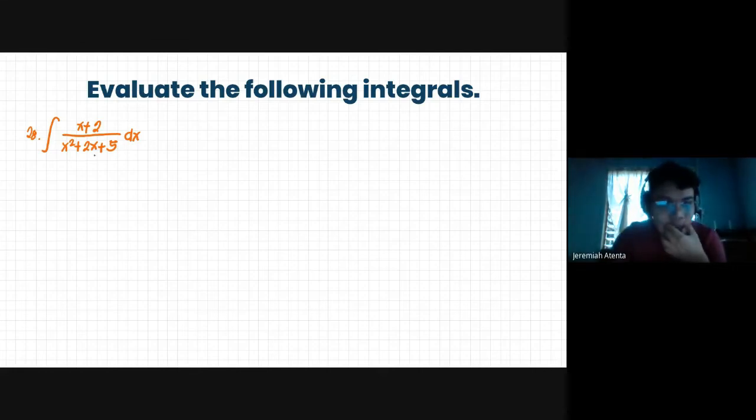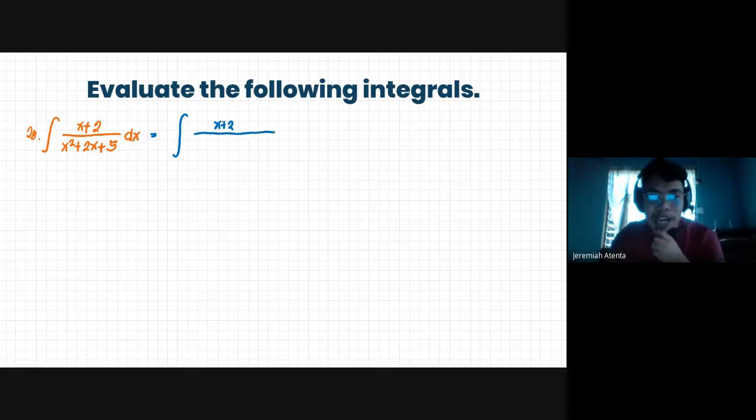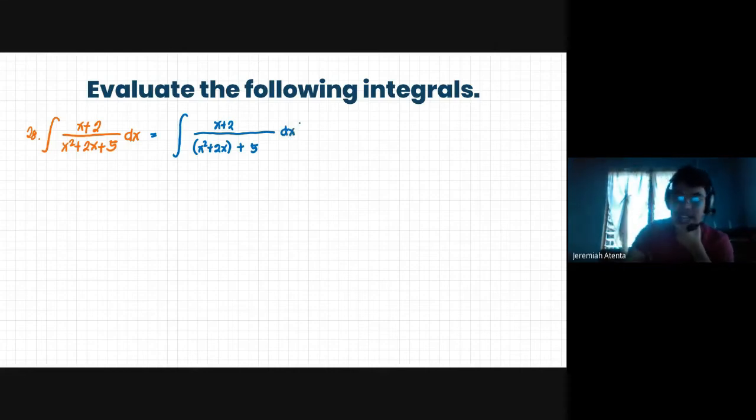Now, in this case, x squared plus 2x. So we need to do completing the square here, right? So what you're going to do is you will add something. So we will have x plus 2. Mamaya na natin tingnan kung may magagawa tayo sa x plus 2. And you have x squared plus 2x plus 5 dx.